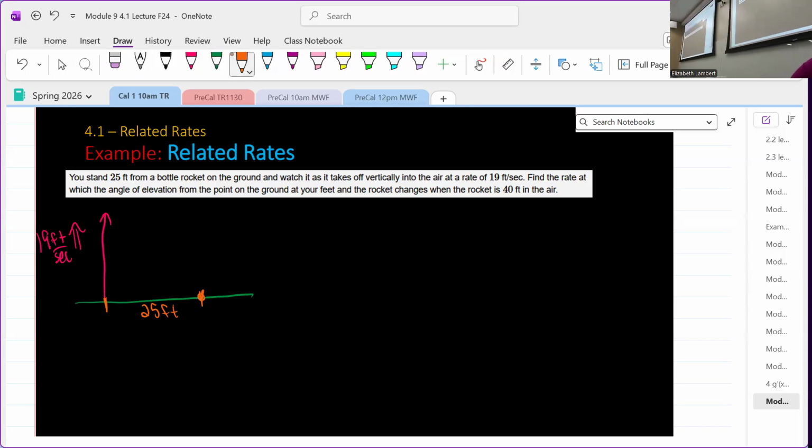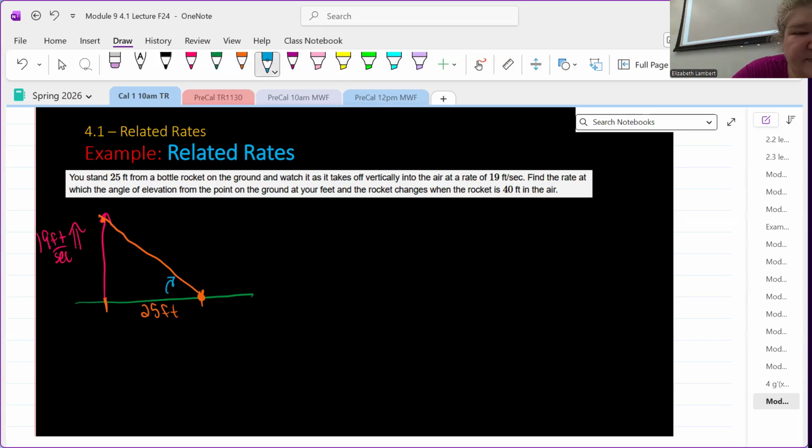And then from the point on the ground at your feet to wherever the rocket is at. So when it says the rate at which the angle of elevation changes, the angle of elevation here, well, I've got to give it a name, so I'm going to call it theta. So they're asking us to figure out d theta/dt. That's what they want to know.